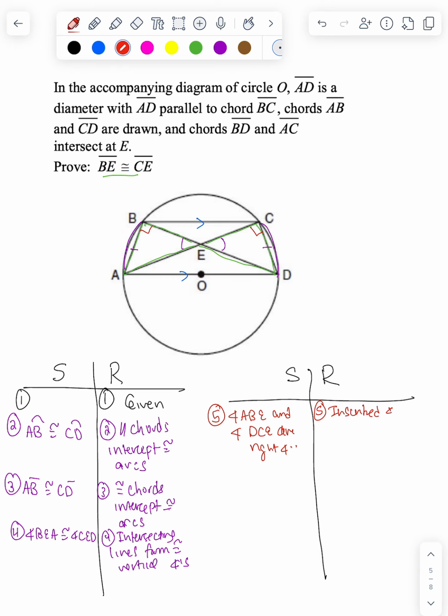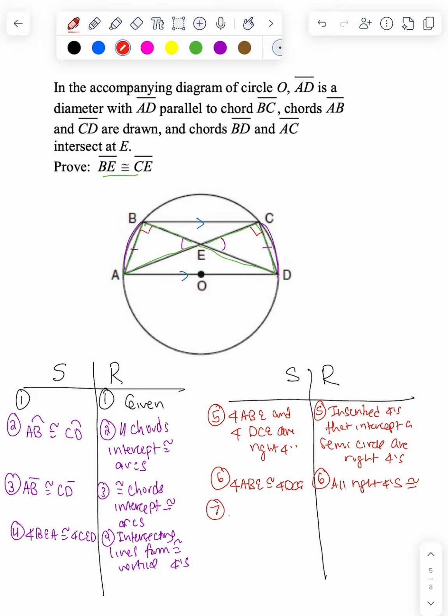Inscribed angles that intercept a semicircle are right angles. And since we're going to use angle side, we need congruent angles. So angle ABE is congruent to angle DCE. And that's because all right angles are congruent.